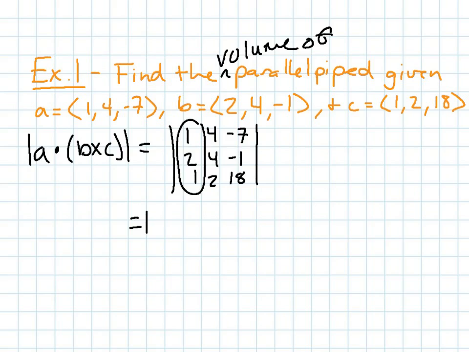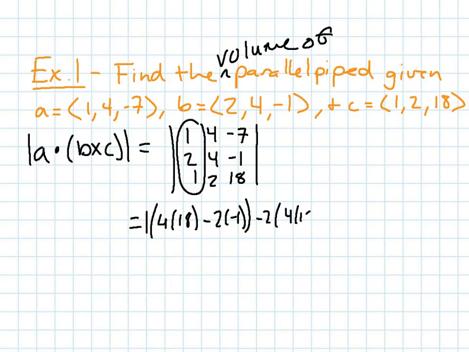So I get 1 for the first coefficient times the cross product of these bottom two rows that are left. So I get 4 times 18 minus 2 times -1, and then minus 2 times, now remember it's negative because it's in a negative position in your determinant.